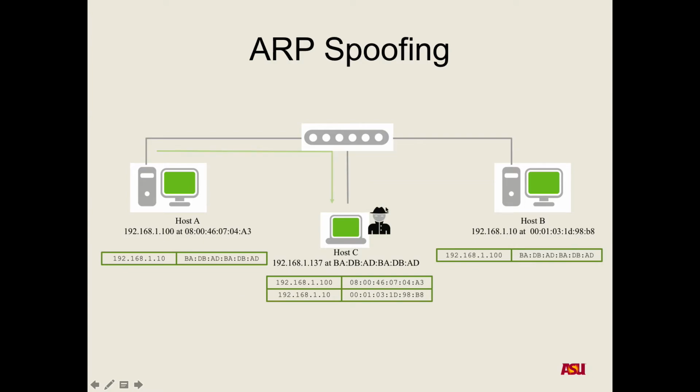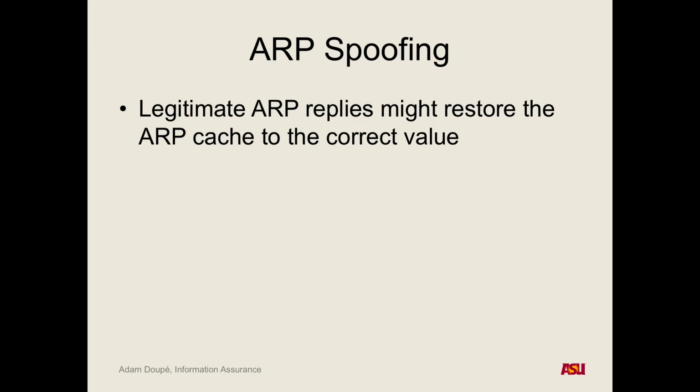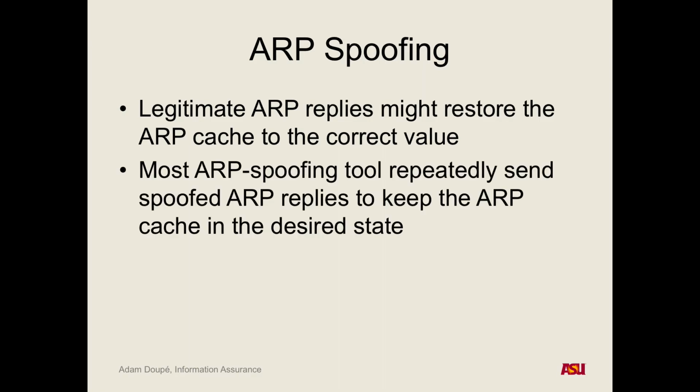And now whenever host A wants to send a packet to host B, it actually sends it to host C. We'll take that packet, send it off to host B, and we've effectively become the man in the middle, intercepting and sniffing all of their communication between A and B. To do this effectively, most tools will continually spam the network with ARP replies of the host that they want to impersonate.